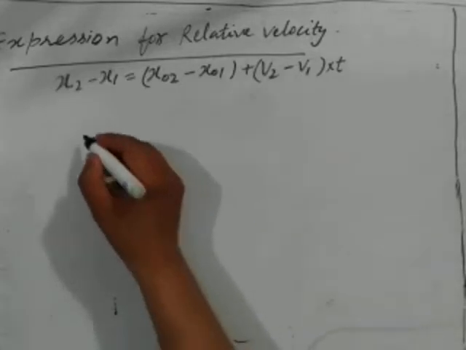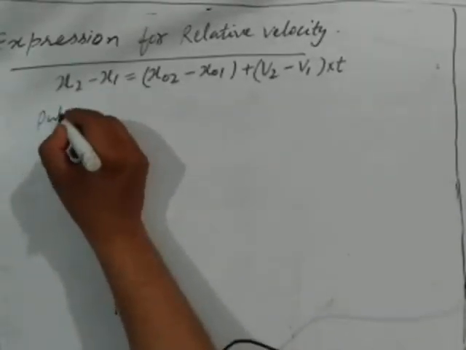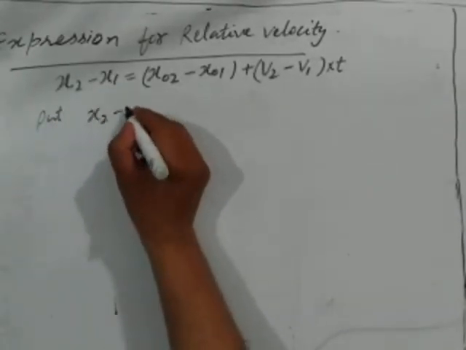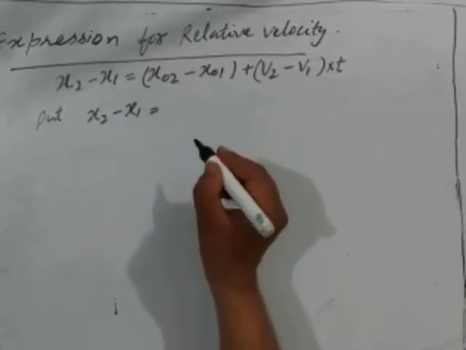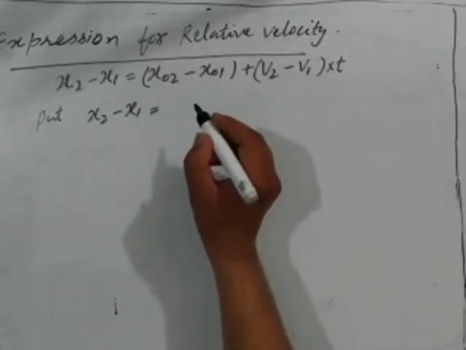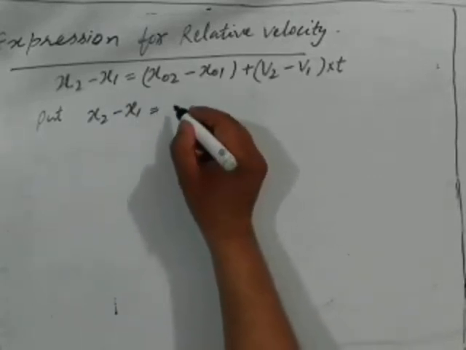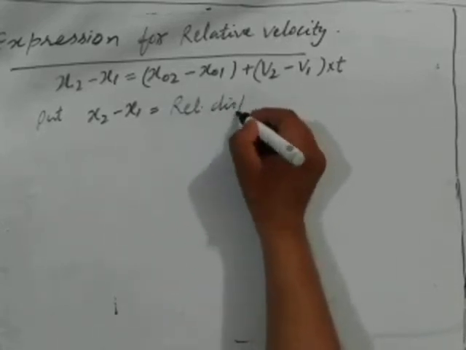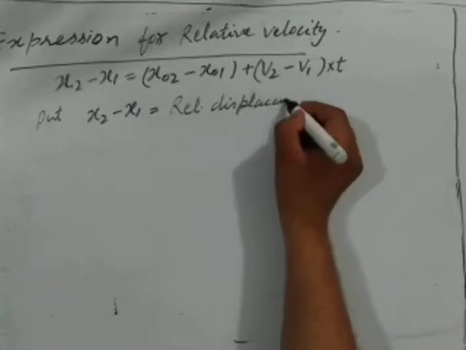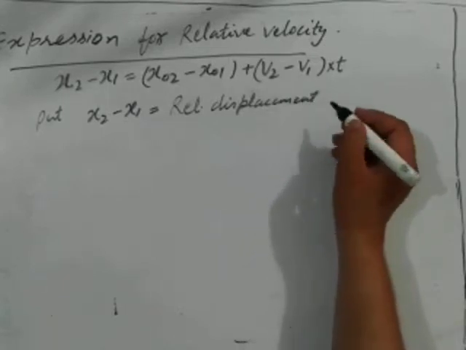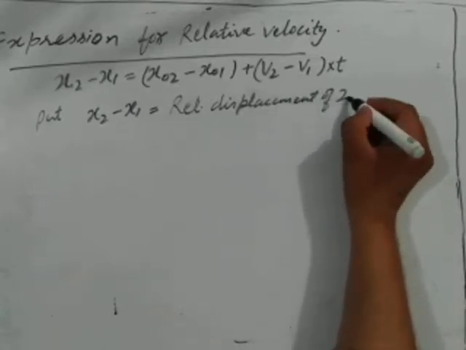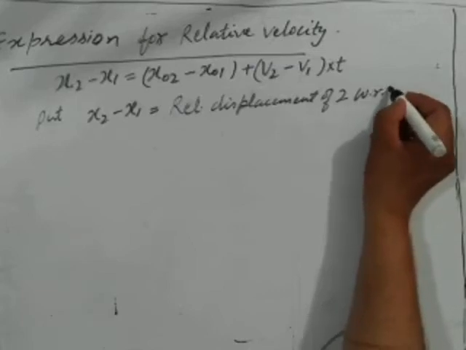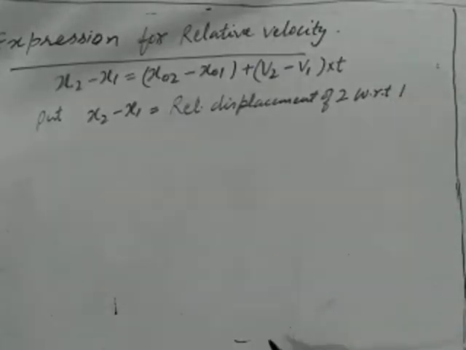Now put x2 minus x1 equal to relative displacement of 2 with respect to 1.